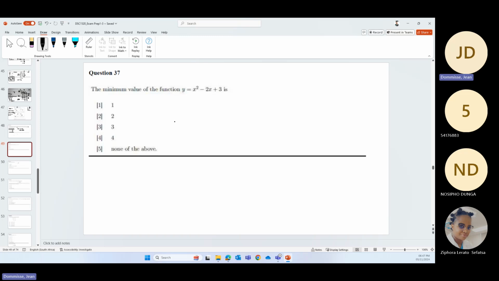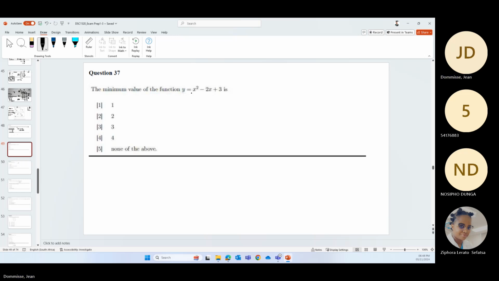Okay, so the minimum value of this function. How would you guys have done that? If you see that function, what would you do to work out the minimum value? And I think again with this one, there are two ways to do it.